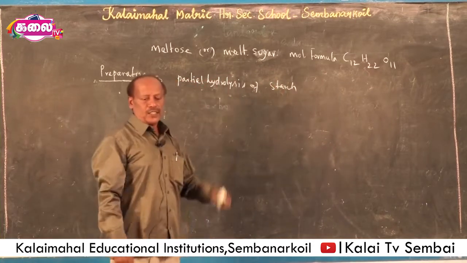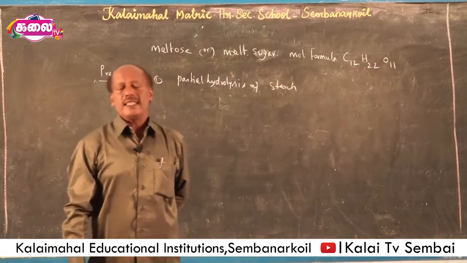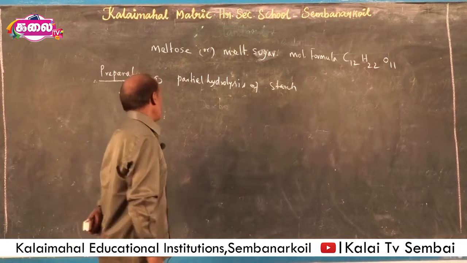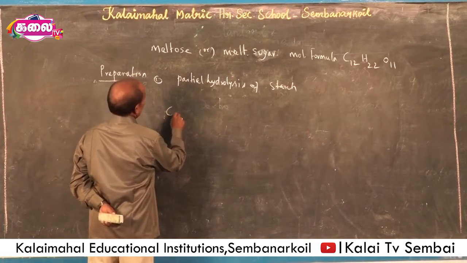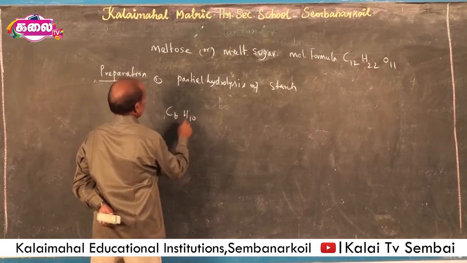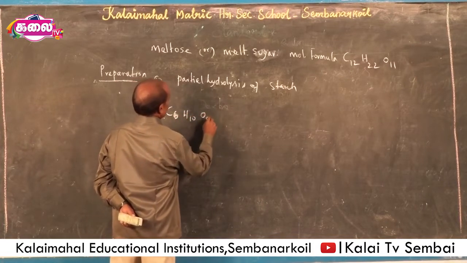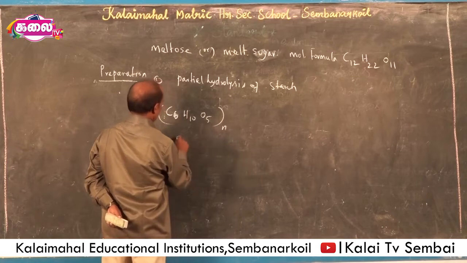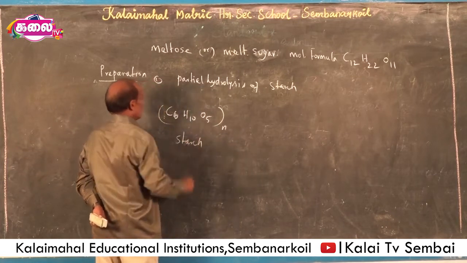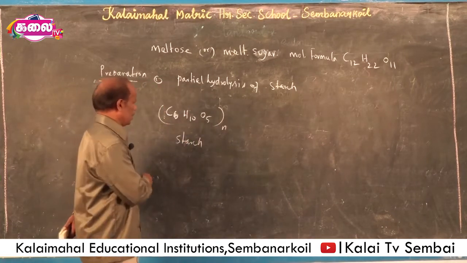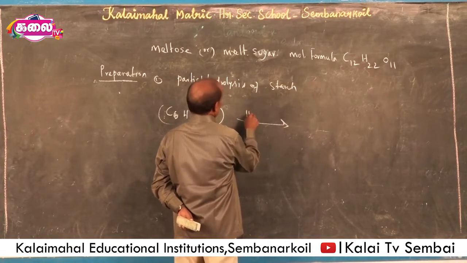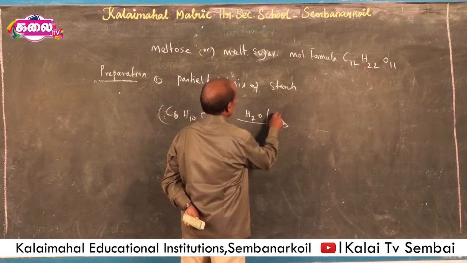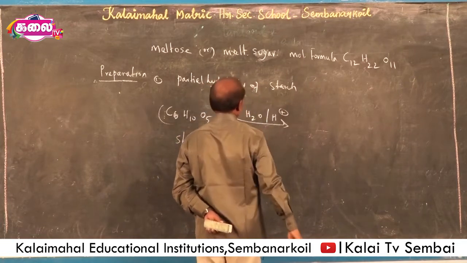Starch upon hydrolysis by dilute acid gives maltose. Starch, (C6H10O5)n, is subjected to partial hydrolysis using dilute acid.